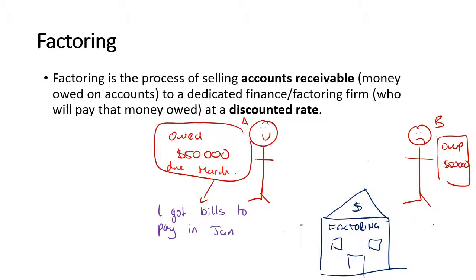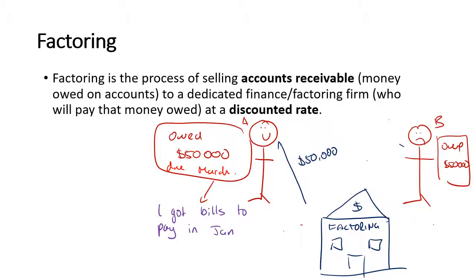And what person A will do is go, hey mate, I need my $50,000. So what happens is the money is paid to person A straight away.